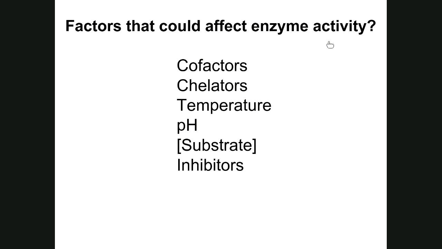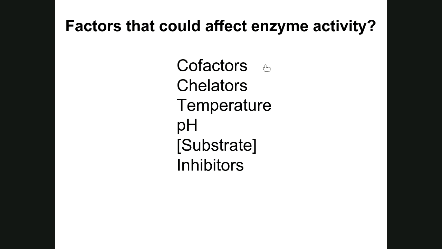The factor could inhibit by never allowing the enzyme to become active, or the enzyme could be active and the factor stops it from being active. It's already working, but now it's stopped. Or sometimes inhibit means the enzyme is active, but there's a factor that slows down the rate at which it's working, or the level of activity.